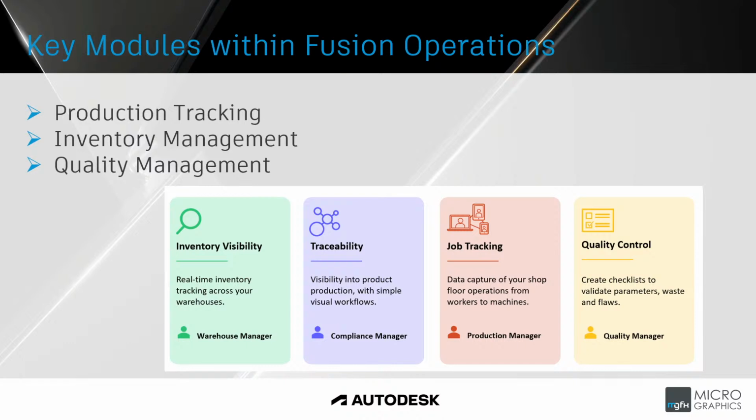When we think about quality management, we know there's certain functions that needs to be able to happen within the quality department. Within Fusion operations, the quality management functions are capable to create parameters according to the required information needed.